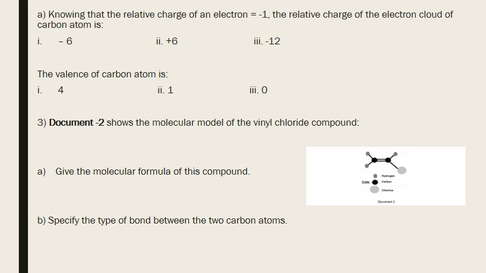Then it says, knowing that the relative charge of an electron is -1, the relative charge of the electron cloud of a carbon atom is. So how do we work that out? The charge of the electron cloud is the number of electrons times the charge of 1 electron.